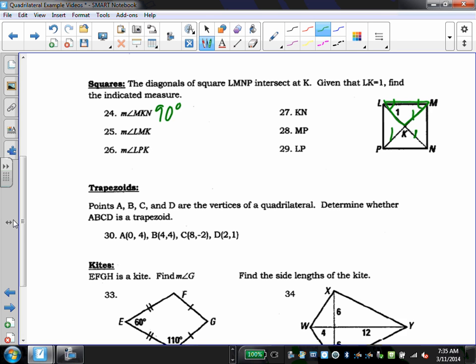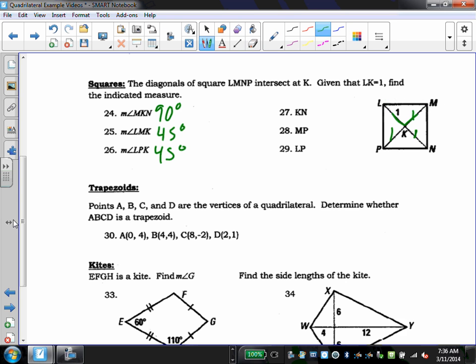Since 90 degrees is the angle in the center of the triangle, there are 90 degrees left. These two angles are equal, so 90 divided by 2 is 45. LMK is 45 degrees. And LPK is, well, basically in the square, all these corner angles are 45 degrees for that very reason. So LPK is also 45 degrees. So that's good, and not too bad as far as information goes.